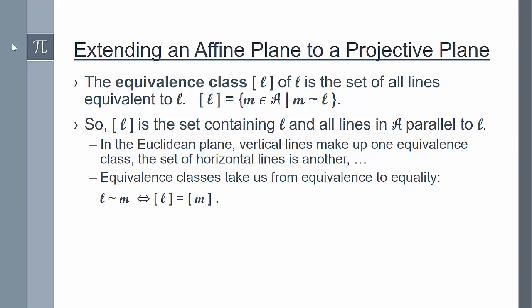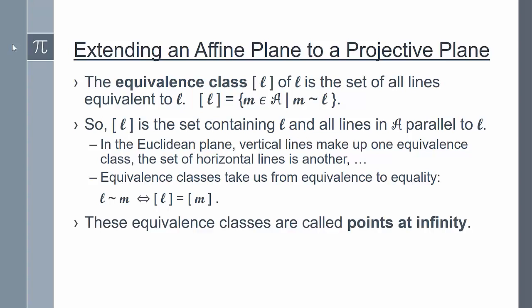So these equivalence classes are going to be points at infinity that we're going to add to our affine plane. These equivalence classes are called points at infinity. This is, again, an abstraction of what a point can be. A point can be anything that we define it to be as long as that model satisfies the incidence axioms.